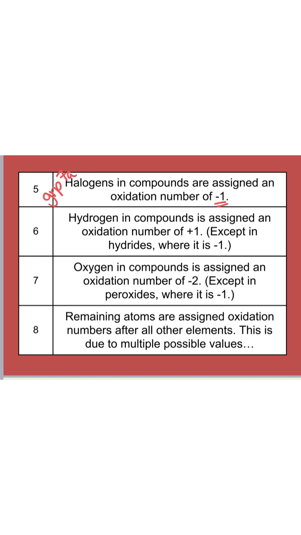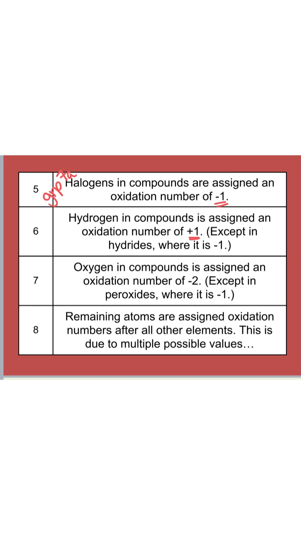Hydrogen in compounds is going to be assigned a +1 charge, and hydrogen's in group 1, so easy. Except in hydrides where it's a -1. We're going to kind of ignore some of these exceptions. Occasionally they'll pop up, but don't completely get rid of it. Just know that you're not going to see them super often. We try to be nice to y'all in this unit.